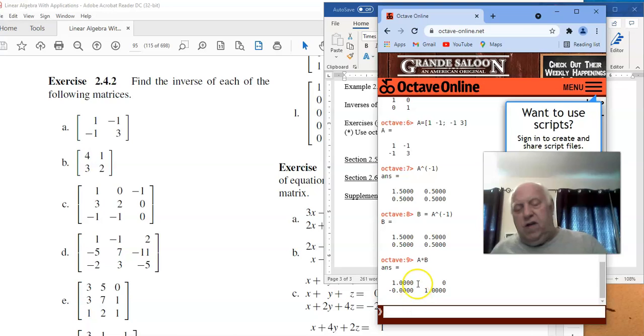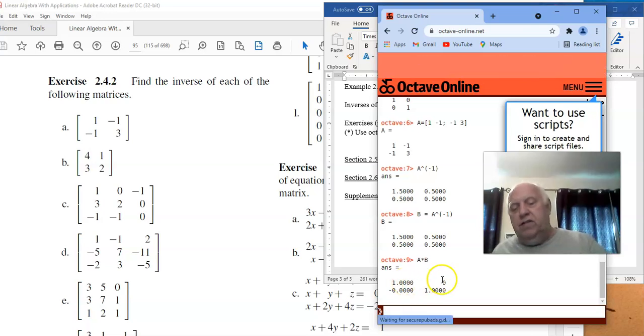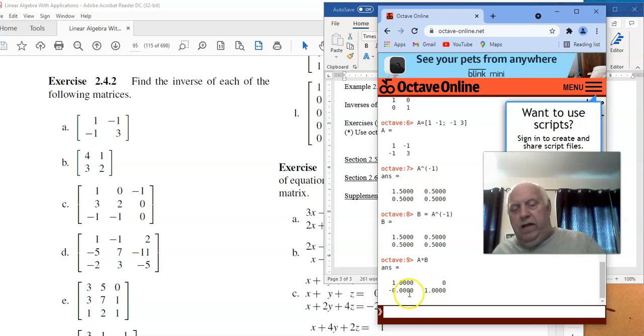Notice, this is interesting. Notice that Octave made a 0 there because it is precisely a 0. In this case, it said 0 point blah, blah, blah. This is still 0, but what happens is internally Octave is making some internal calculations, and it may or may not be exactly 0.